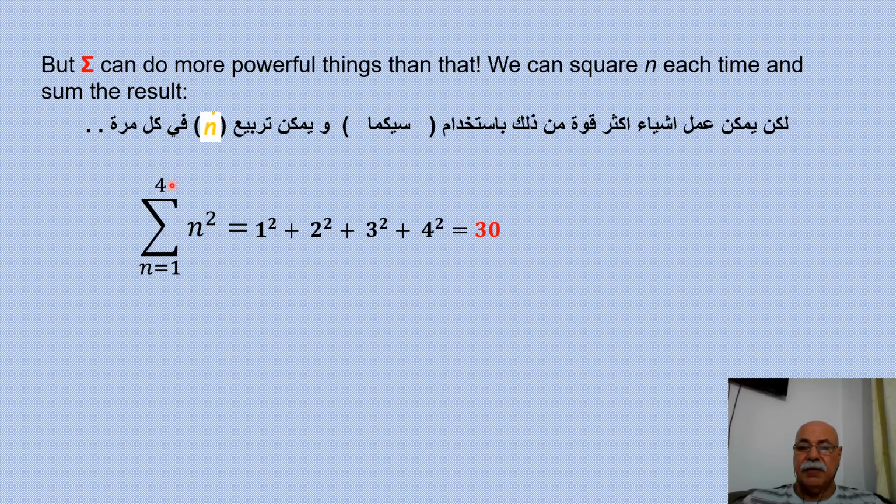Go to the 4 numbers. That's why n square: 1 square is 1, 2 square is 4, 3 square is 9, 4 square is 16. That's why the total is 30. This is the n square sum. Take it, this is the answer.